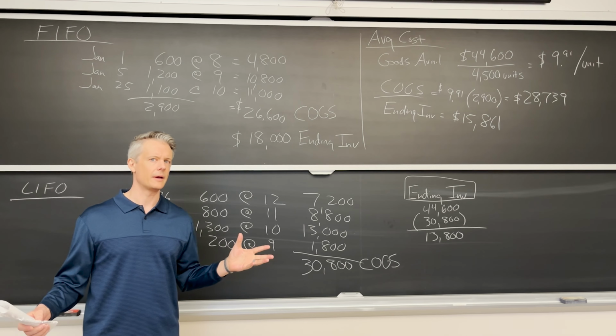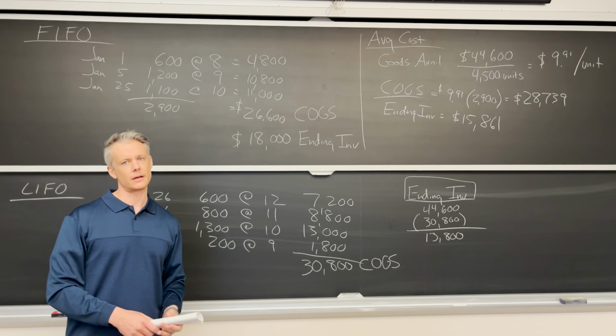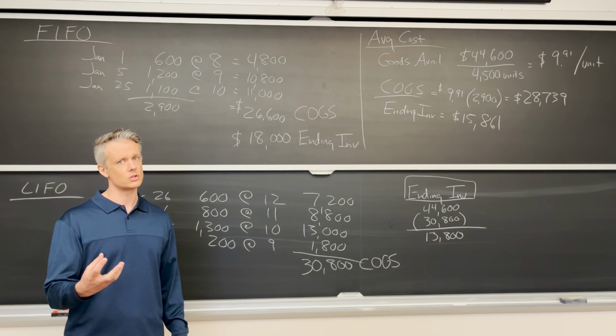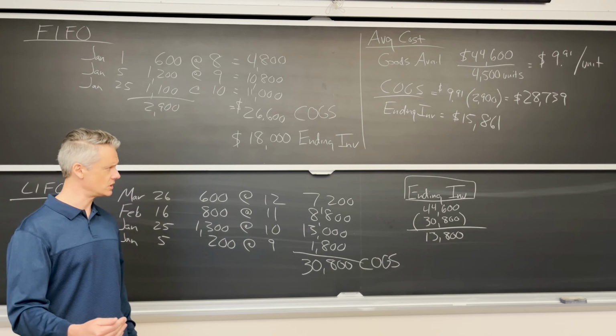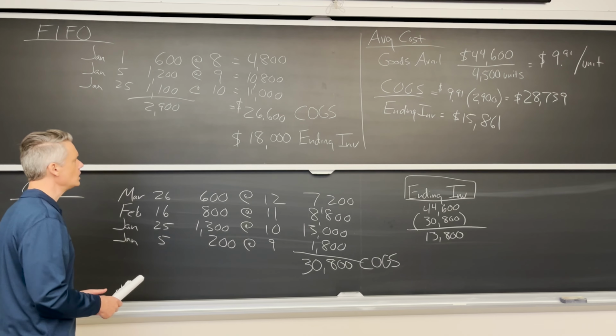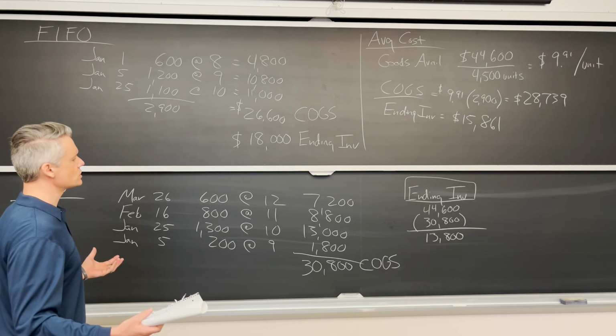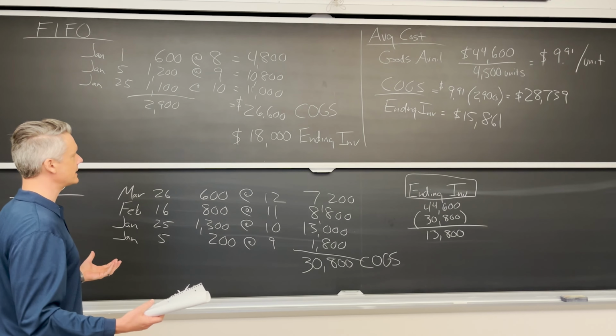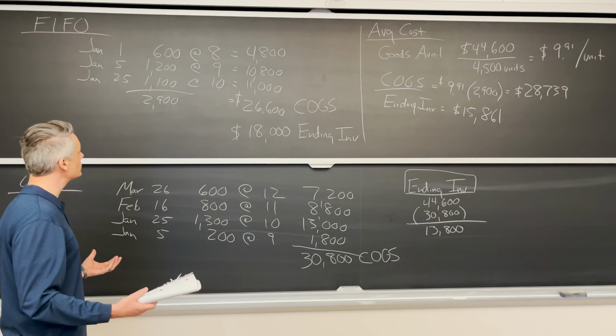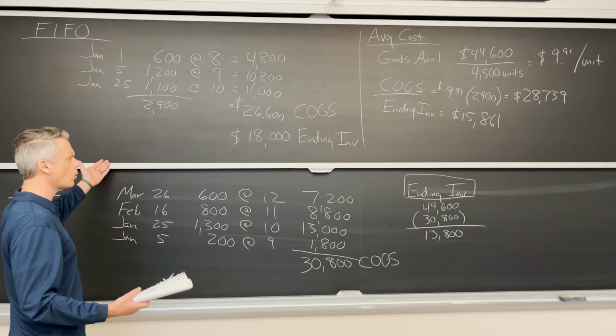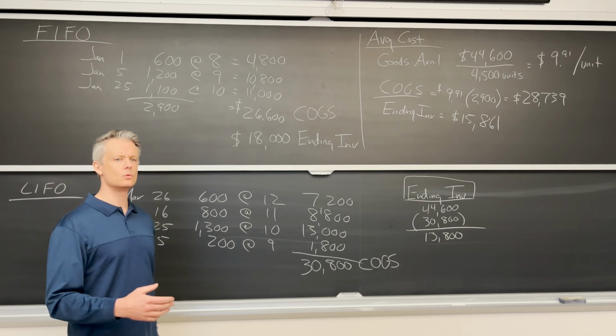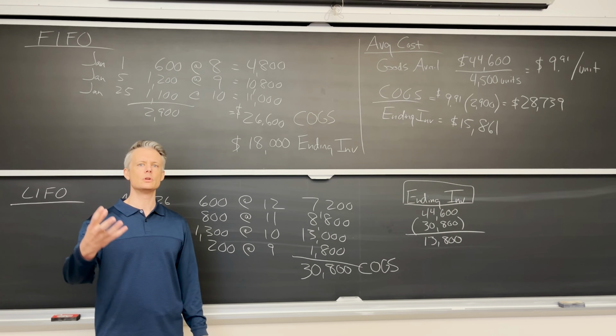Finally, let's just talk about ending inventory, because that's the other financial statement that we're concerned about, the balance sheet. For ending inventory, which method is going to net us the highest ending inventory? It's going to be FIFO. Why? Because we assume to sell the oldest units first.